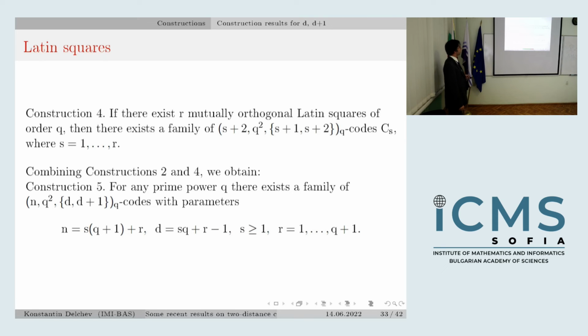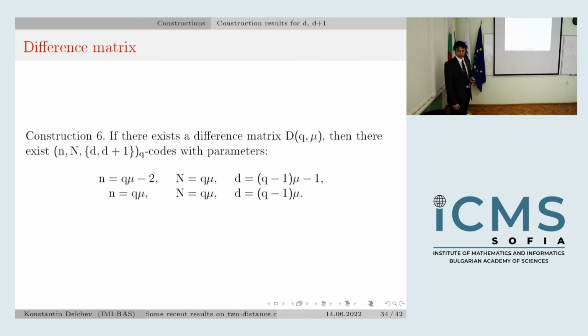Again, we can combine two different constructions and also build this. Going on, again from the construction of Semakov and Zinoviev, we can use difference matrices to obtain codes with these parameters, and they mostly come out trivial.